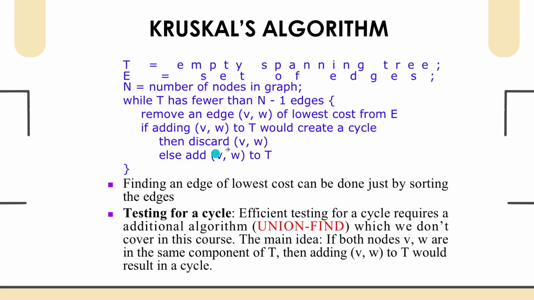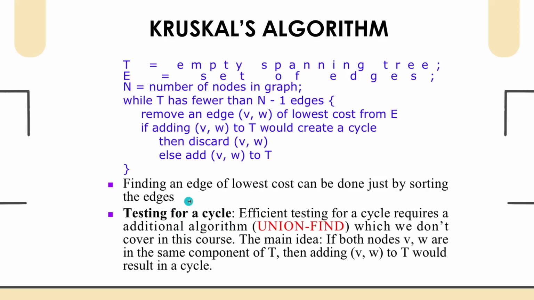If so, then we will be discarding that particular edge. Otherwise, we will add that edge between V comma W to the spanning tree T. So, we will be repeating this process till we end up in a situation that we have included all the vertices on that graph.